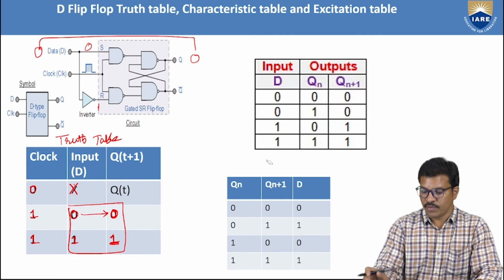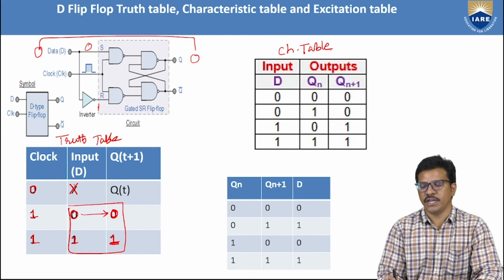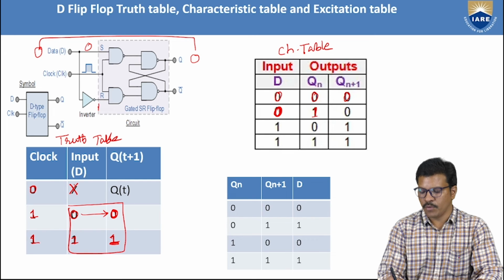This is observed from the characteristic table. In this table, we take all possibilities of D input and present state. If D is 0 and present state 0, next state must be 0, just passing. If D is 0 and present state 1, the D value is passed as the next state.